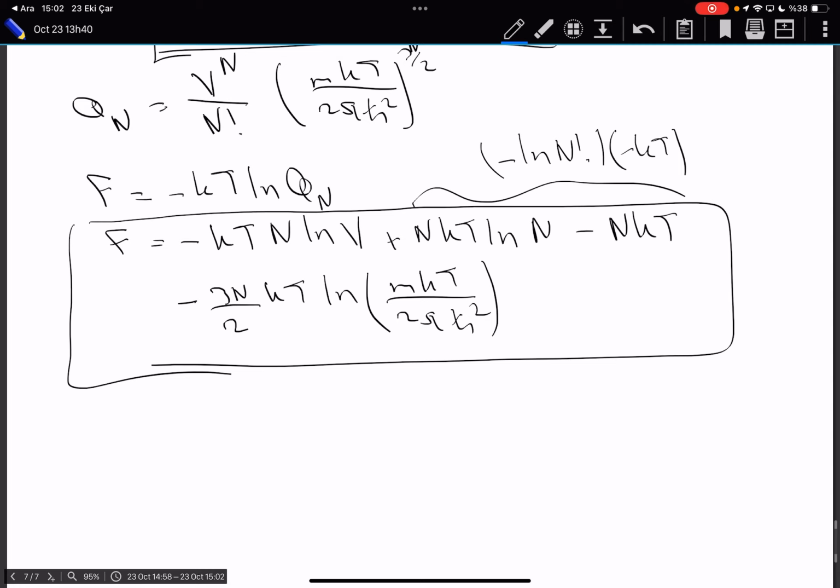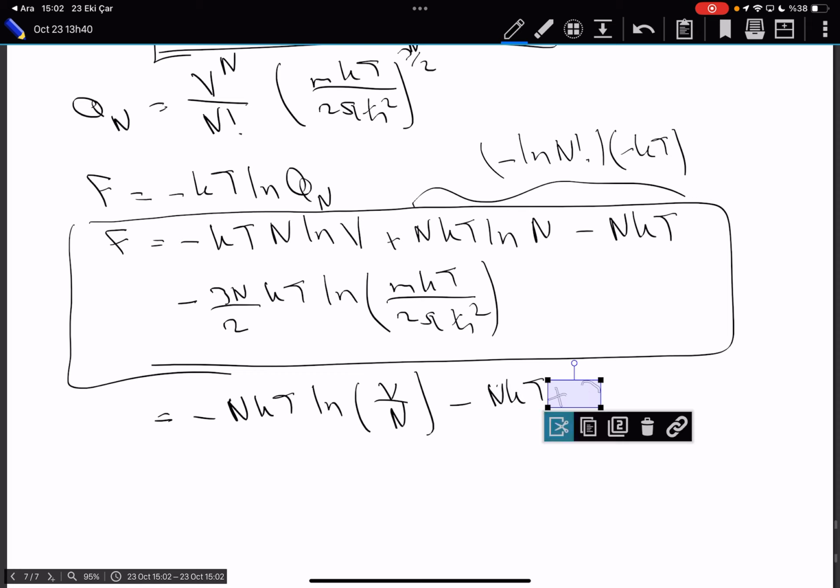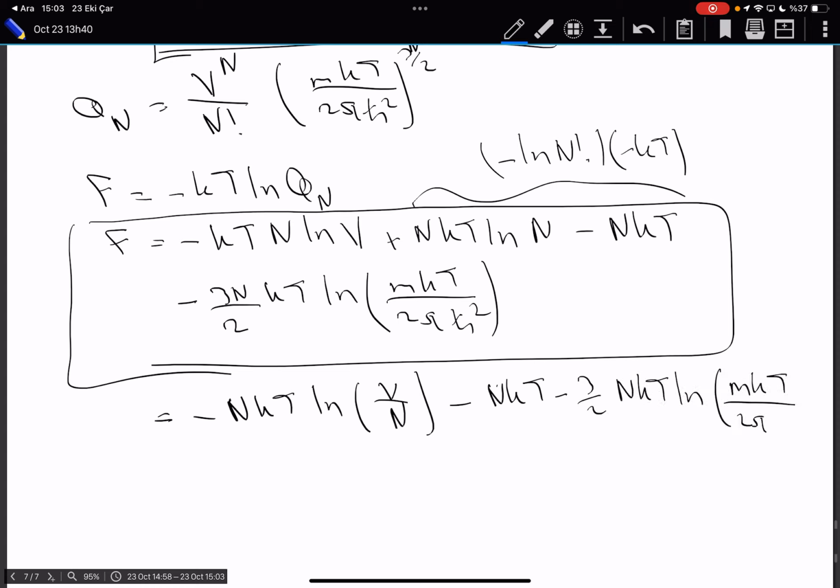This is the free energy, which, let me also slightly simplify it: nkT logarithm of V over n, minus nkT, plus, no, minus 3 over 2 nkT logarithm of mkT over 2 pi h bar squared.